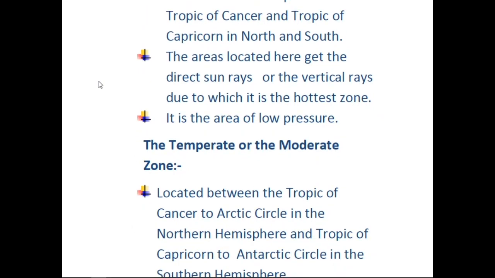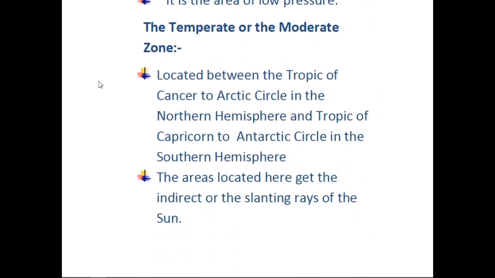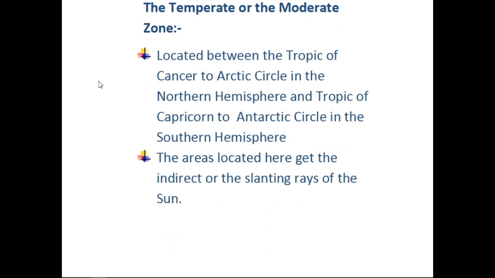The second one is the temperate or the moderate zone. From the name only it is clear that temperature is not so high, it is moderate, which is suitable for human beings to live.